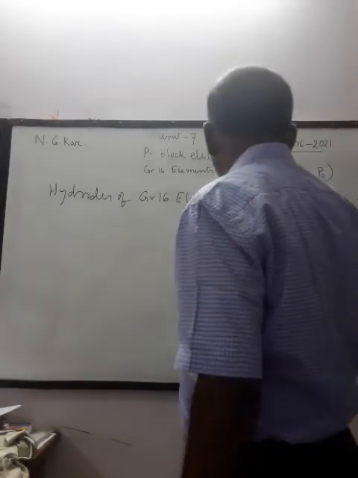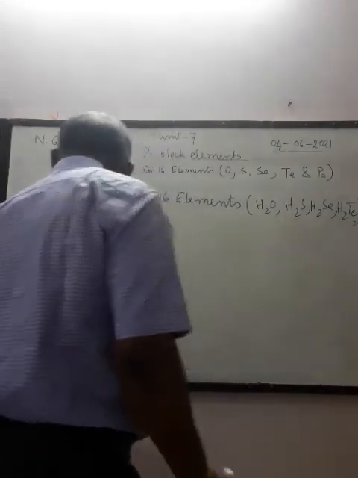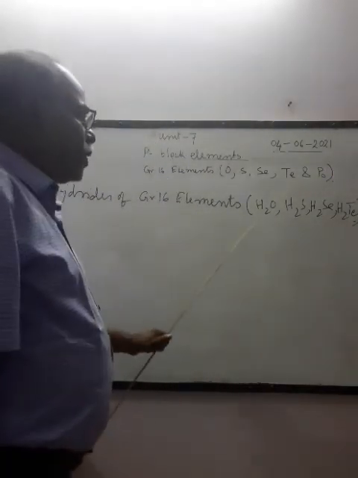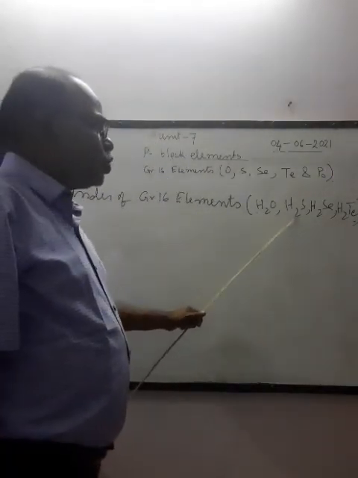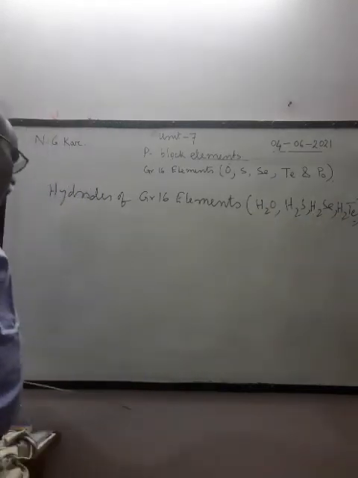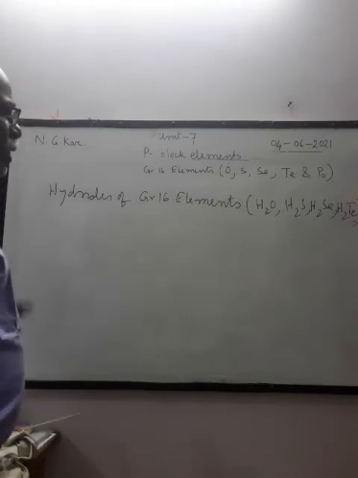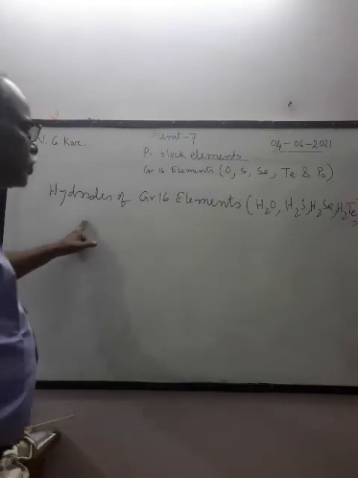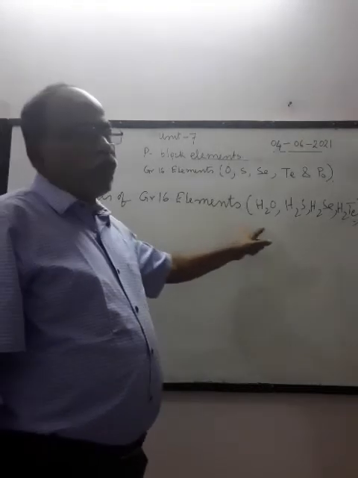So these are four hydrides: H2O, H2S, H2Se and H2Te. In the last two classes we discussed other properties and the structures of the hydrides.